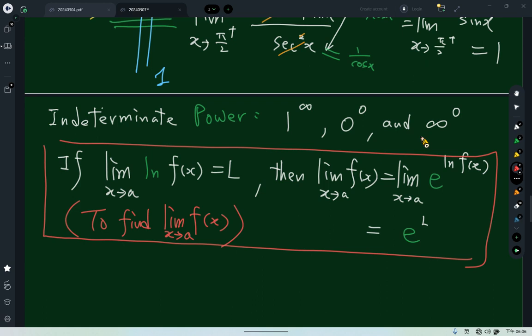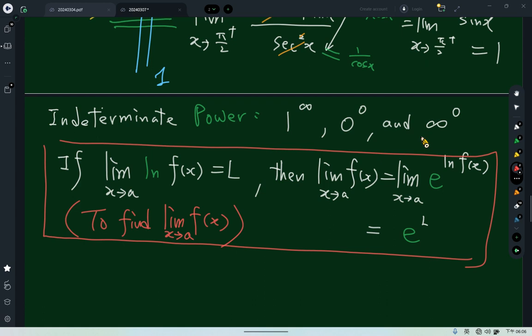But if it is related to exponential, then I suggest you take ln first. Take the ln function value first, then you need to return to its original form. So when I take the limit as x approaches a of ln f of x, I can get this result.